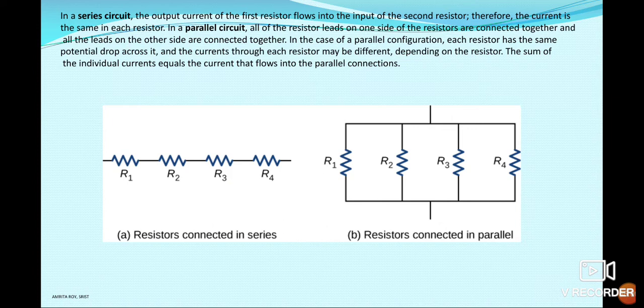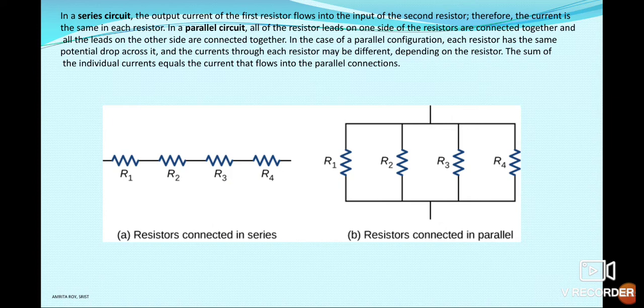That is, the value of current will remain the same, but due to the varying value of the resistances, the potential drop across each resistor will be different. So in a series circuit, the value of current remains the same, but the value of voltage across each resistor varies.